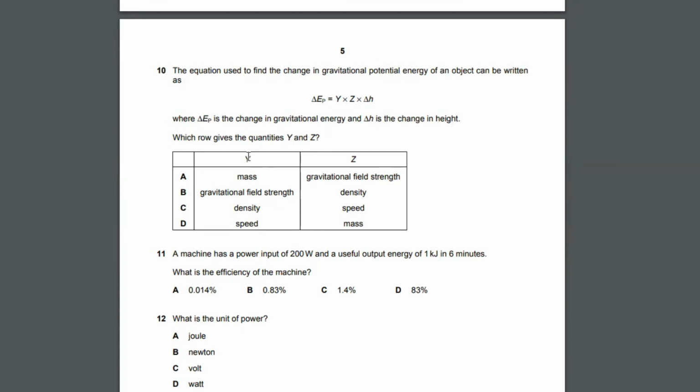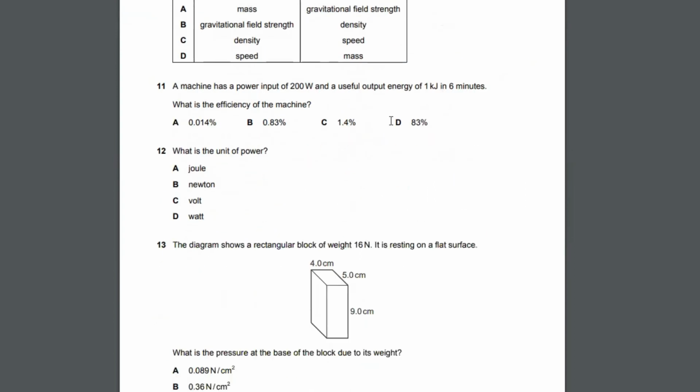So y can be either mass or gravitational field strength. So we have to have both of them present. So mass and gravitational field. So it doesn't depend on density because it doesn't care about volume. It only cares about the mass. The answer is A.